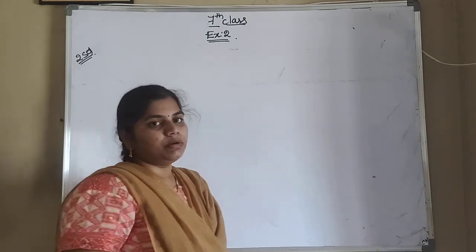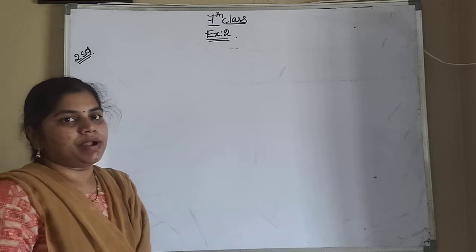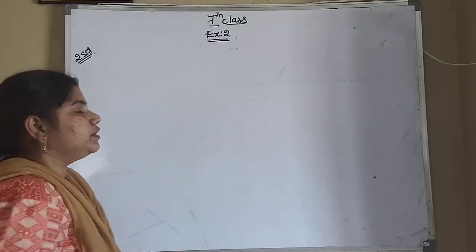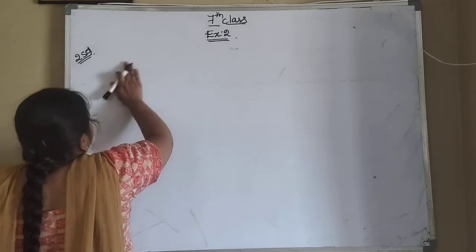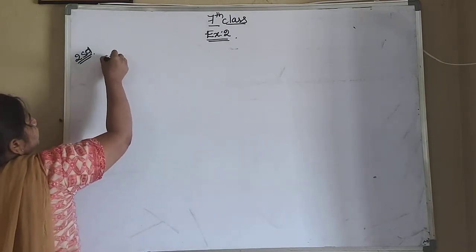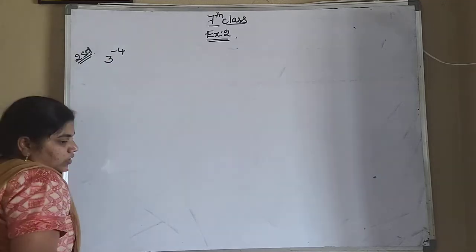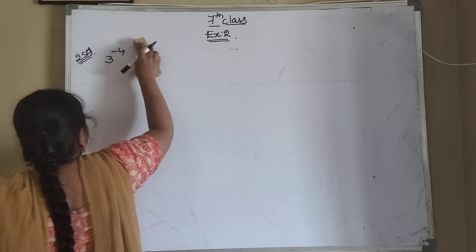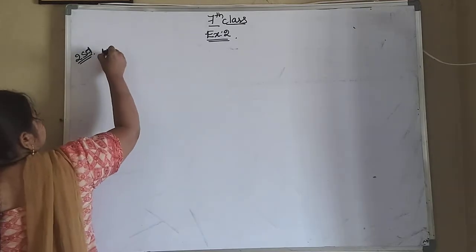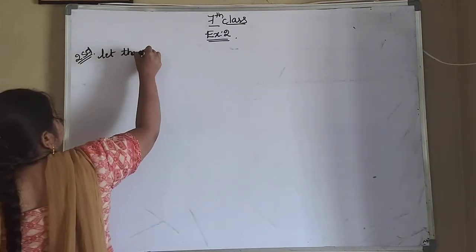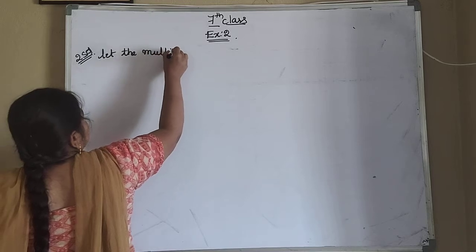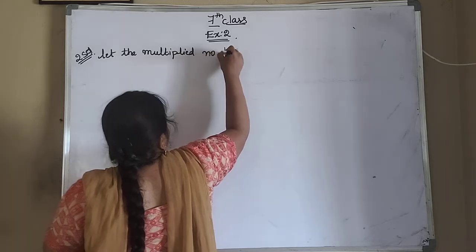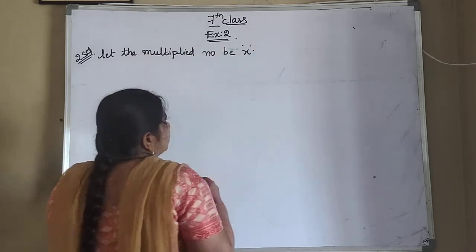So for this 3 power minus 4, which number should we multiply to get the answer as 729? That is what they are asking. So let the multiplied number be x.